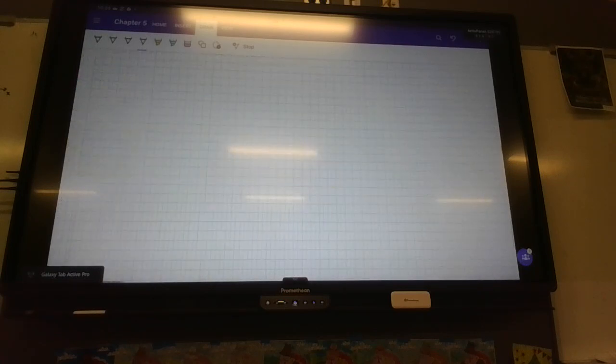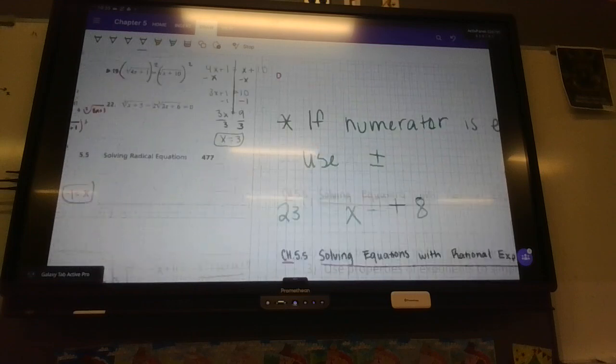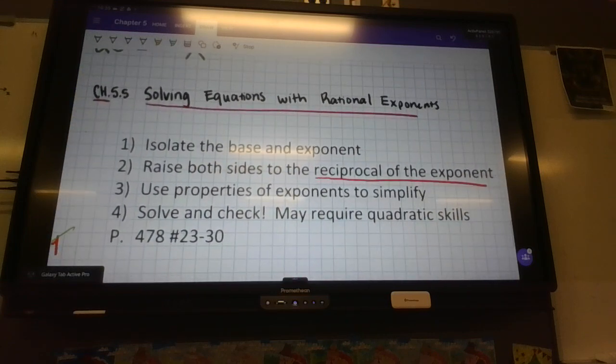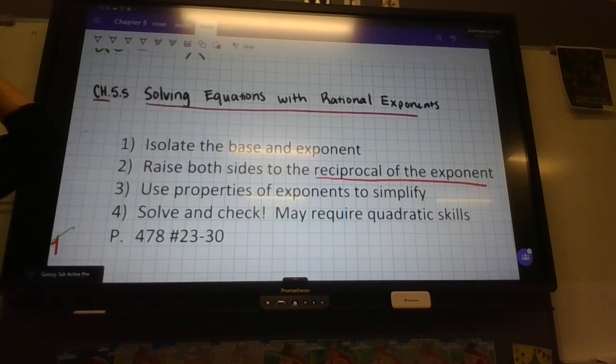All right, so your book doesn't outline steps like it did yesterday. So here's some steps for you. It just shows the one example, and then it just assumes you got your steps from there. Very similar steps to yesterday that we read through the book. Number one, isolate the base and the exponent. So that's why in that first step they subtracted 2. Number 2, raise both sides to the reciprocal of the exponent.